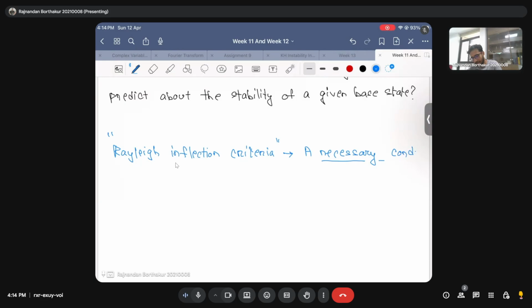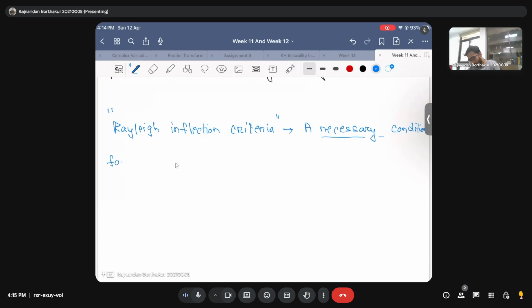So it says that a necessary condition for instability is that the base flow profile must have an inflection point.